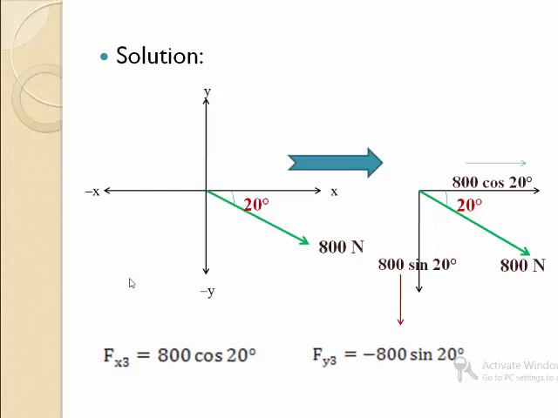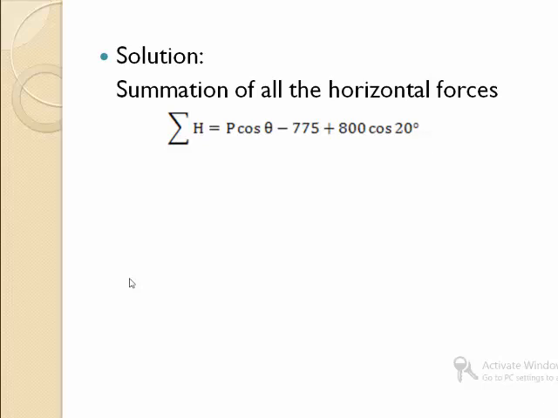So we can now calculate the summation of all the horizontal force components acting in the system. Summation H is P cos theta, that is the horizontal component for the first force we are considering, minus 775. This force is acting along the negative x-axis. Then plus 800 cos 20, this force is acting in the fourth quadrant, and its horizontal component is plus 800 cos 20.